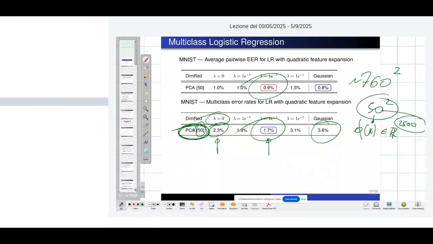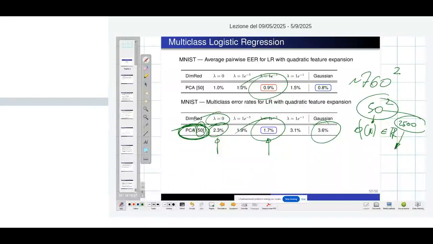Why is it large? Because it corresponds to quadratic separation rules. Quadratic separation rules are more complex than linear. So I have much larger amount of parameters. I have many more ways I can put a quadratic separation rule than I can put a linear one.